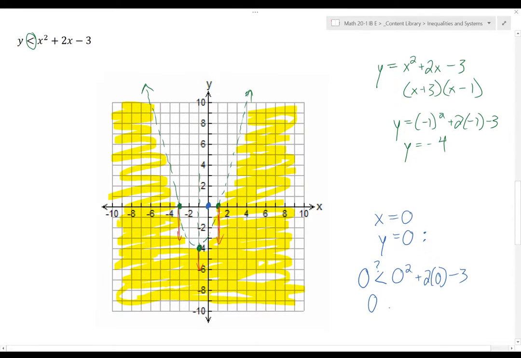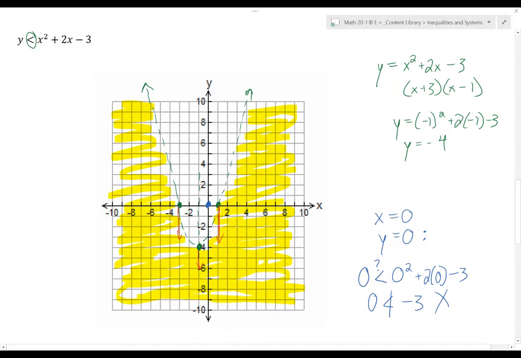Well, no, 0 is not less than -3, so that region doesn't work. So I have shaded the proper region here. So again, the solution to this quadratic inequality in two variables is essentially the region represented by points in that shaded area. Not points on the parabola, although I have to draw the parabola so that you can see where the boundary of that region is.